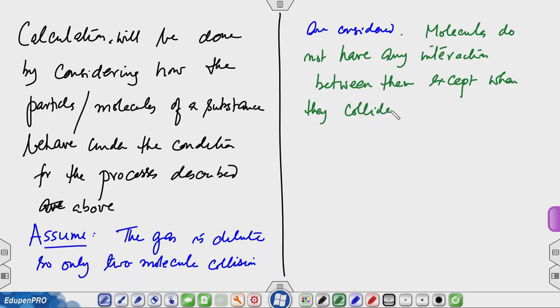That means if I take two molecules, there is no interaction. The only interaction is when they collide. And this is only between two.